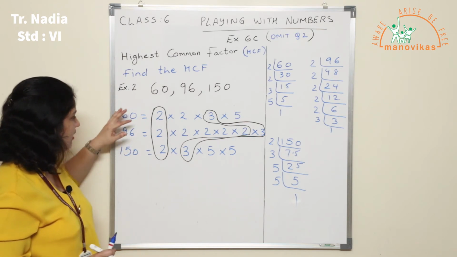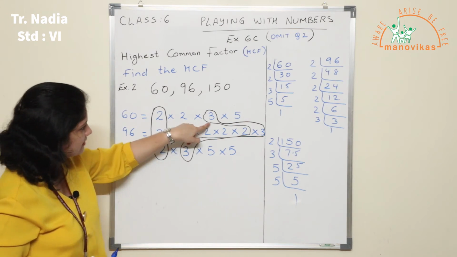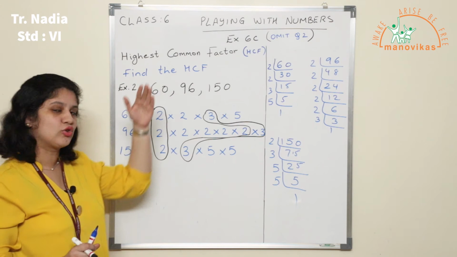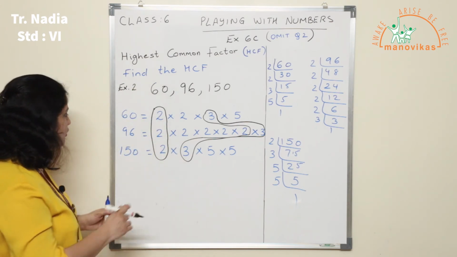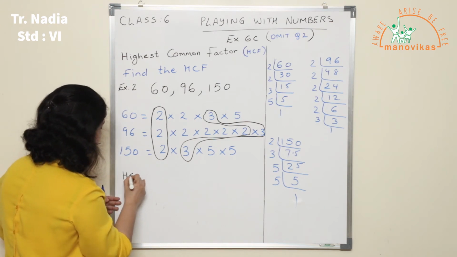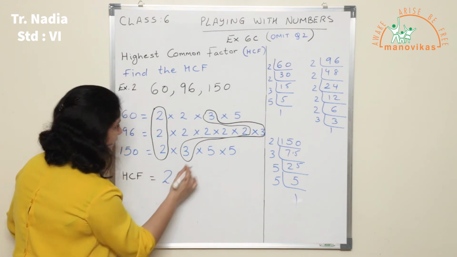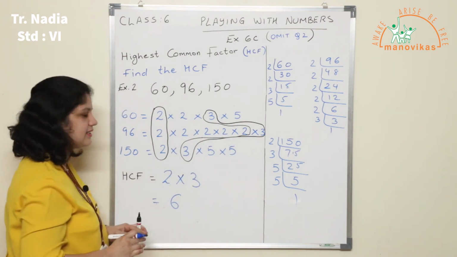So if I check here, I can only find a 2 which is common to all 3, and there is this digit 3 which is common to all of them. So there is nothing else which is common to all 3. I cannot make any more sets over here. So the HCF will be this 2 which is common will come here, and this 3 which is common will come here. So the HCF is 6.